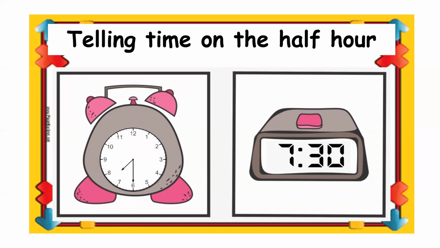On the analog clock, the long hand or minute hand is pointing at 6. And on the digital clock, the number behind the dots is 30. This means that 30 minutes has gone past 7. So we say it is 7:30.